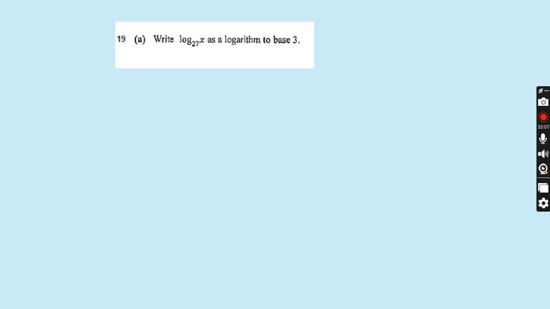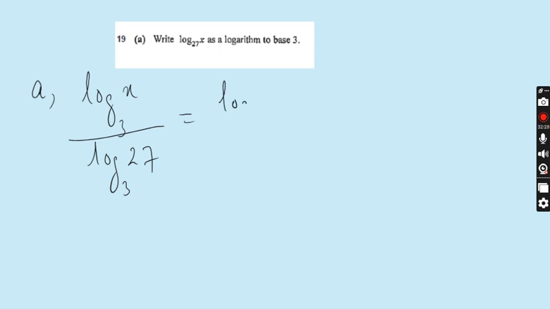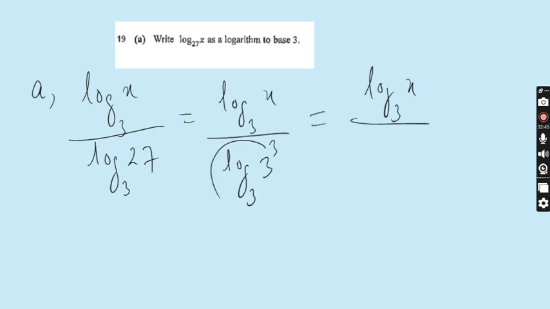Write log base 27 of x as a logarithm of base 3. Very easy. Just apply the change of base rule. So it is log base 3 of x upon log base 3 of 27, or you may write log base 3 of x upon 3 log base 3 of 3, since 27 becomes 3 to the power 3. Write the power before the log.